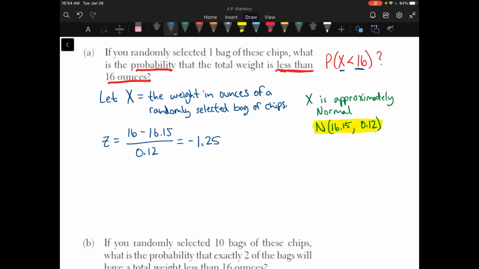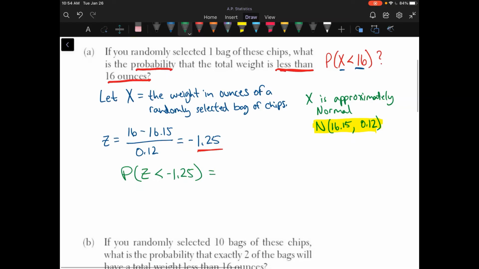If we find this value on table A, this is the value we're going to look up, and we are going to solve the probability that z is less than negative 1.25. Looking this up on table A, we get 0.1056.